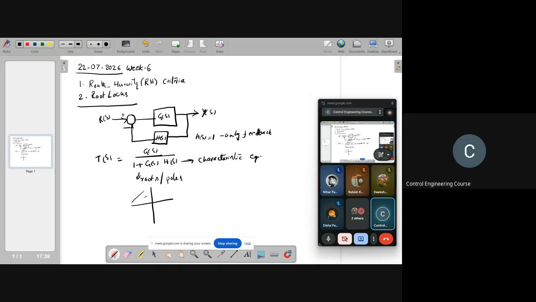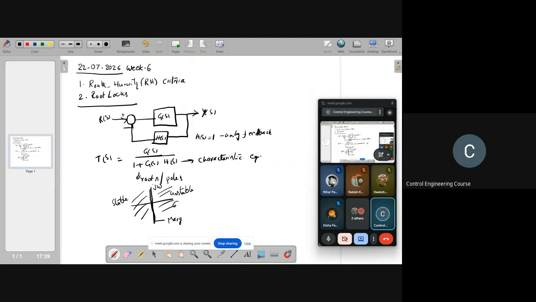Suppose poles are on the left half of the S-plane, then we say that the system is stable. If it is in the right direction, it is unstable. And if it is on the imaginary axis, then it is marginally stable.